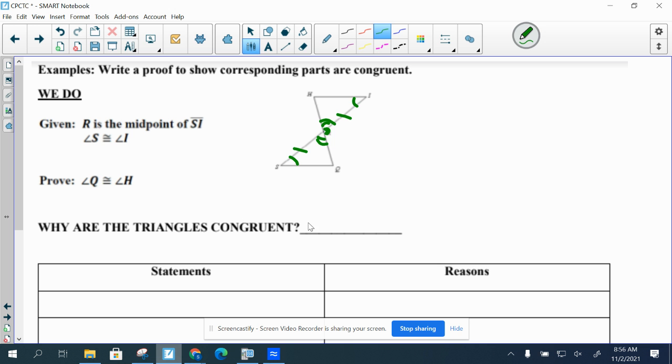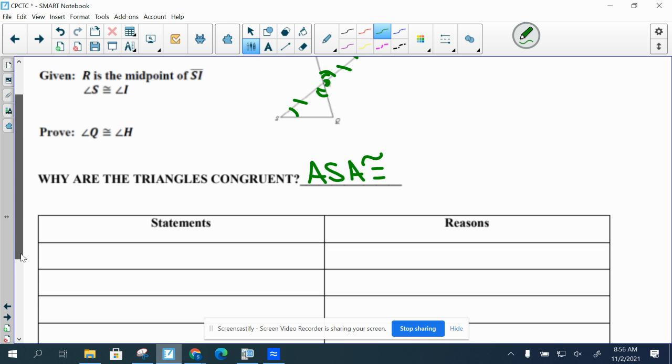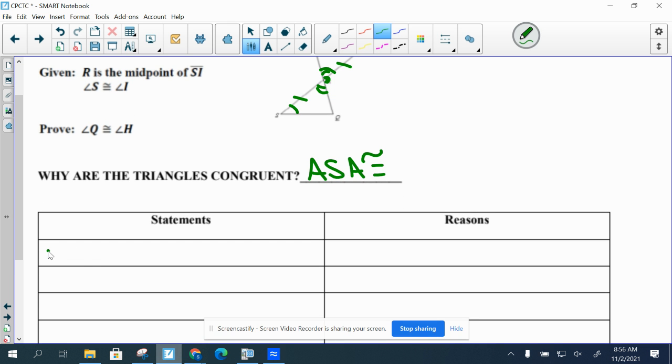So why are the two triangles congruent? Yes, angle-side-angle. So let's go ahead and write down our two givens on the first two lines. R is the midpoint of SI.